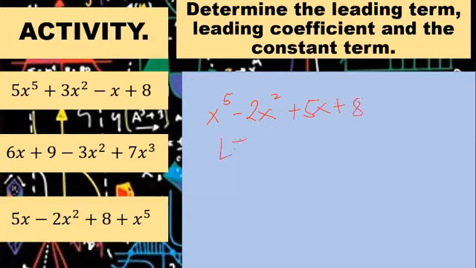So our leading term is x raised to the 5th power. Our leading coefficient is, remember that we have 1 here. We will put 1 beside x raised to the 5th power. So our leading coefficient is 1. Our constant term is 8.